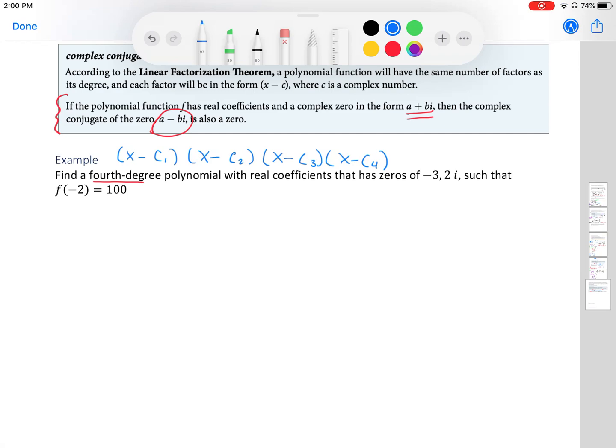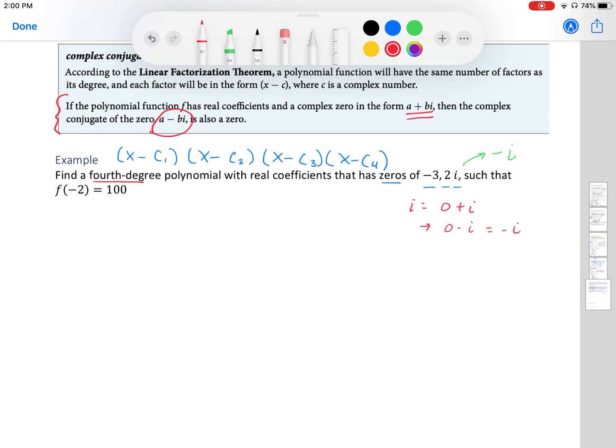But here it tells me my zeros are only 3 of them, -3, 2, and i. So I need to catch on and say, hey, I also have -i. So that i is the same as 0 plus i. So the conjugate would be 0 minus i, which is just -i.